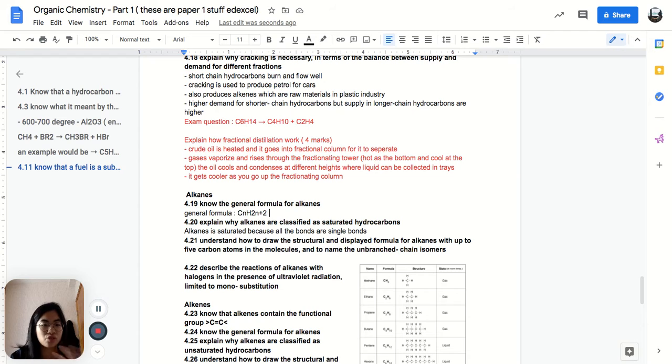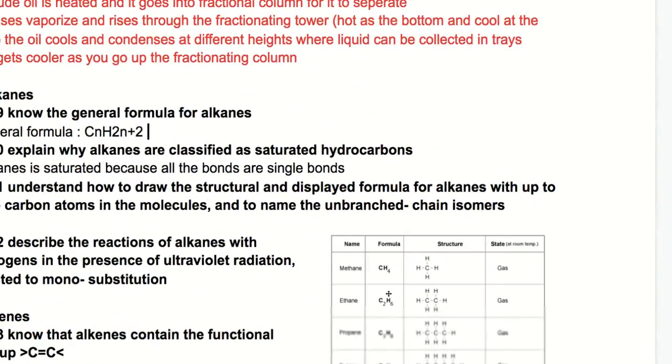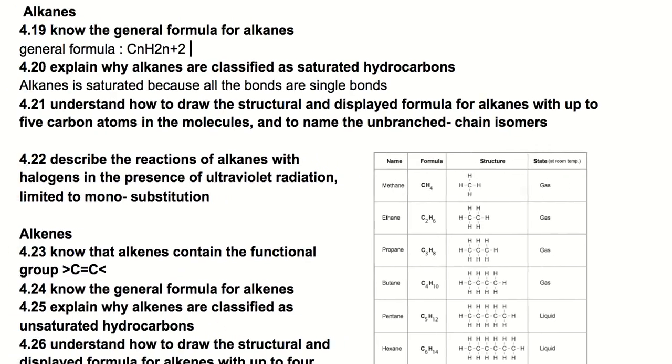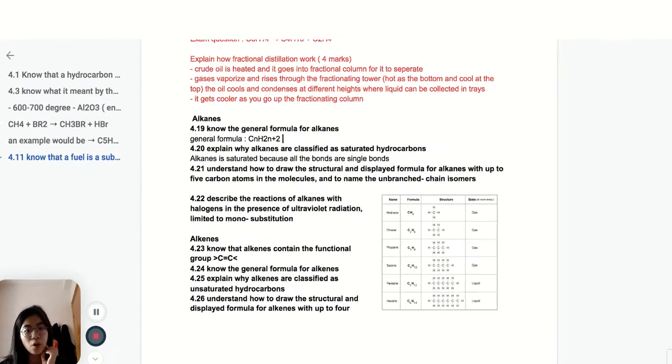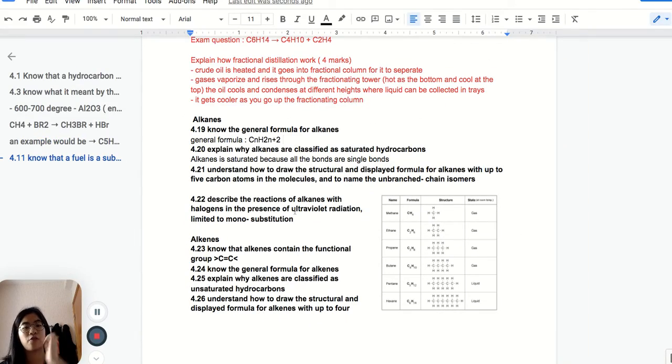C1, you don't write C1, you just write C, then H, 2 times 1 is 2, plus 2 is 4. So CH4 is the methane formula. This is also what you need to know for 4.21 as well, but I will talk about 4.20 first.